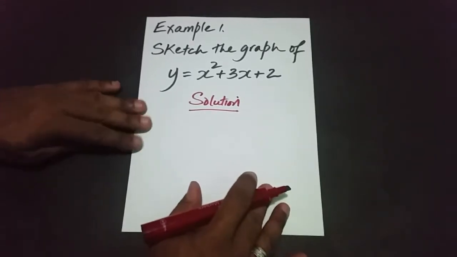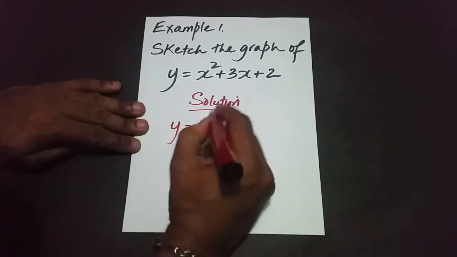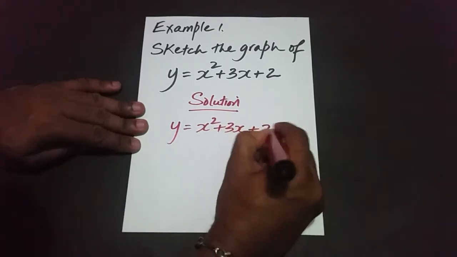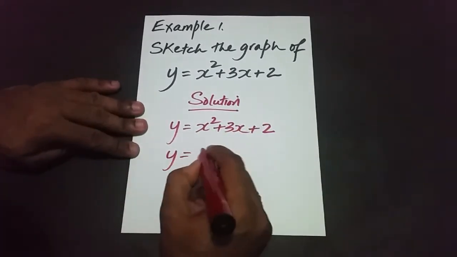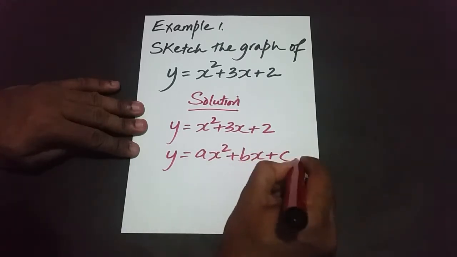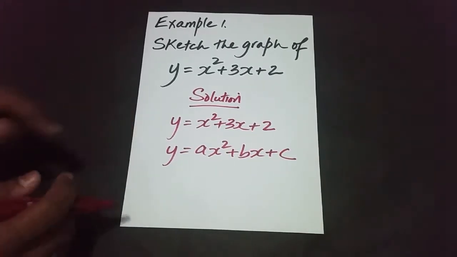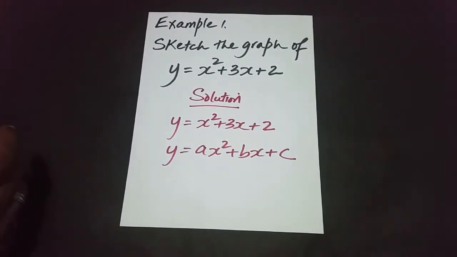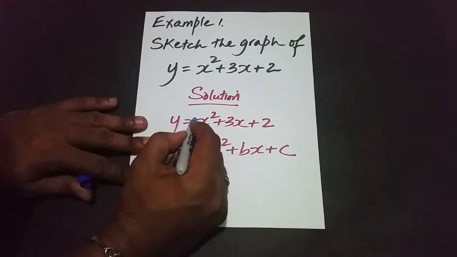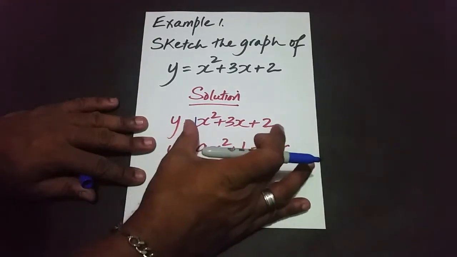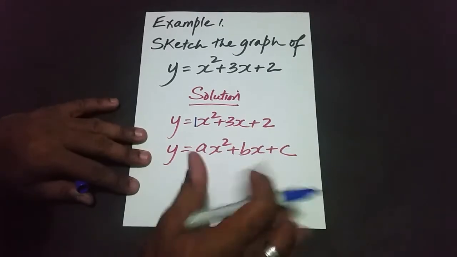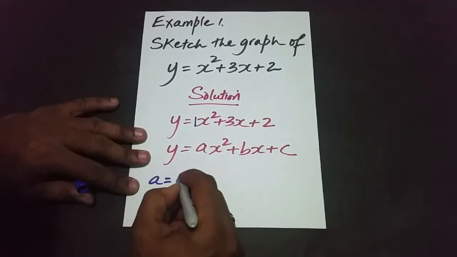Now the first thing we need to do is check to see if the specific quadratic equation in question is in the general form, yes or no. And we need to ask this question because we need to find out what the values are of a, b, and c. Now if you look carefully here, you can clearly see that this quadratic equation is in the general form, which means we can easily tell what a is.